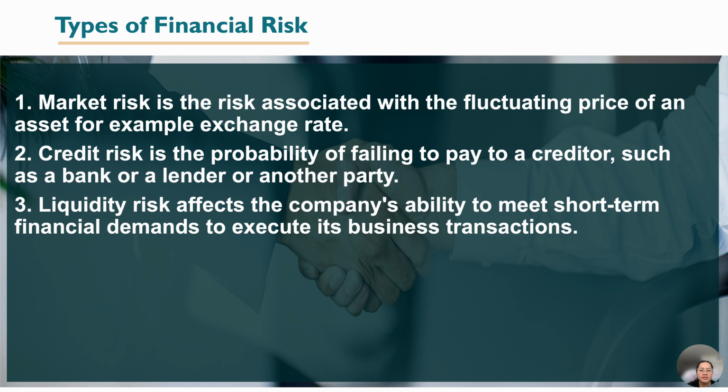Number 3 is liquidity risk. Key sources of this risk are potential cash flow problems because of the seasonal revenue shortfall, inability to convert capital assets to liquid assets, and inefficient market liquidity.